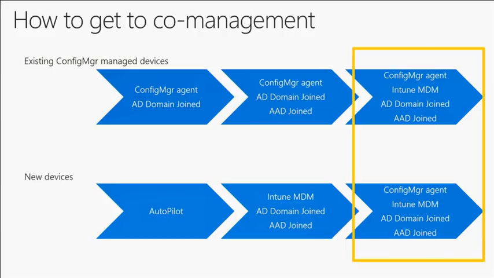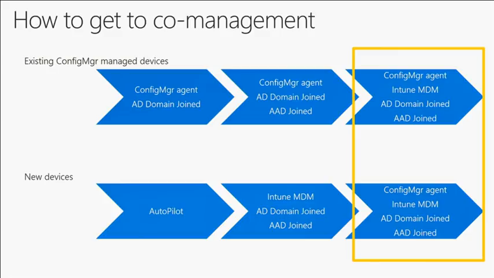What that does is it Azure AD joins your existing domain joined devices, so you end up with devices that are both domain joined and Azure AD joined. Then it auto enrolls into Intune, and you end up with these four things: domain joined, Azure AD joined, Intune enrolled, and Config Manager managed.